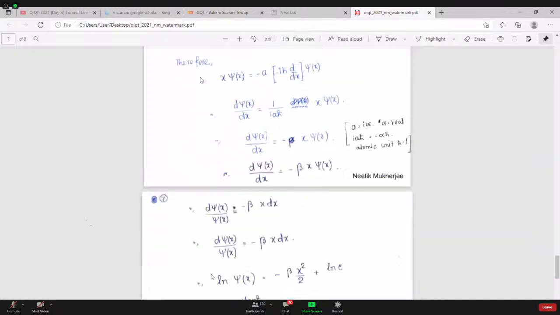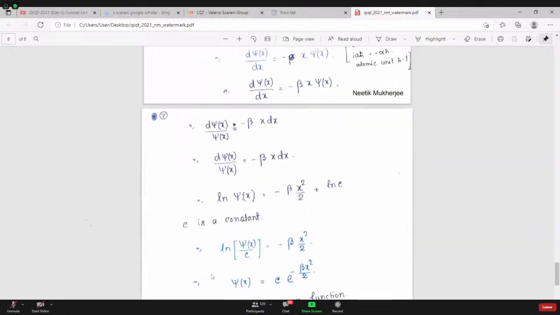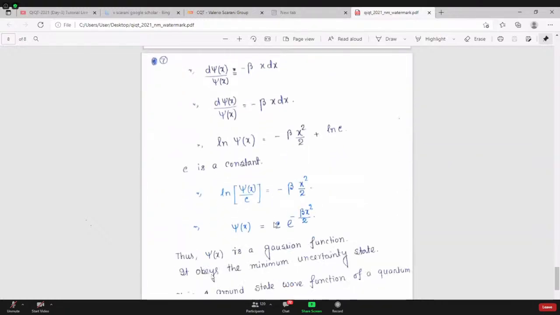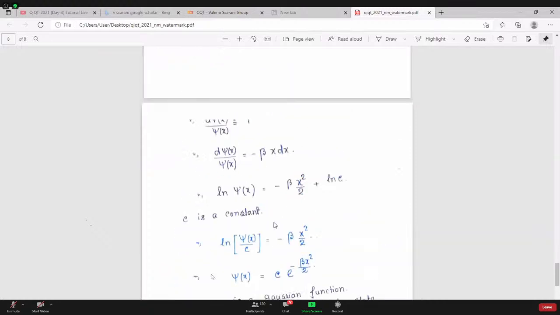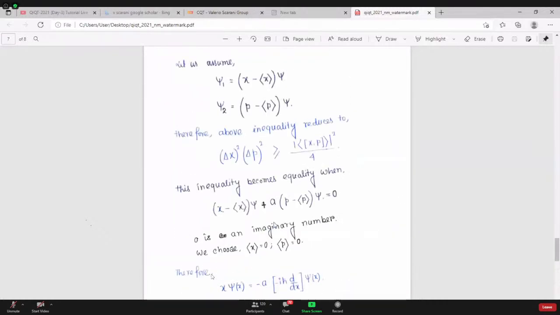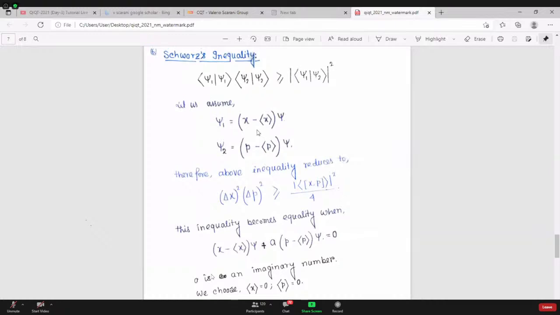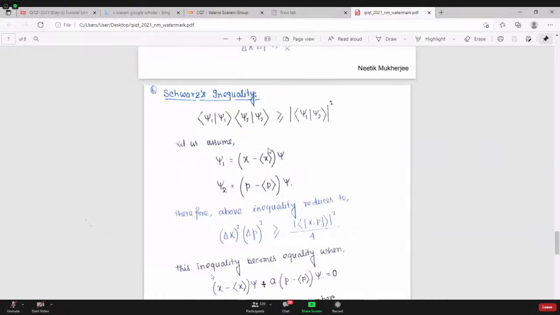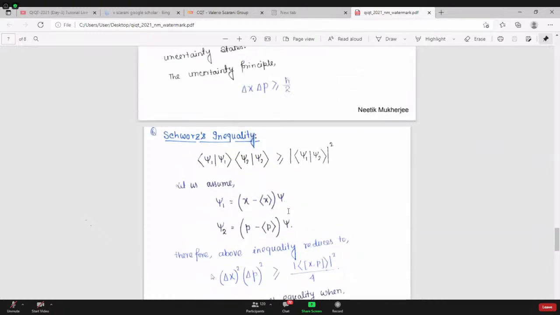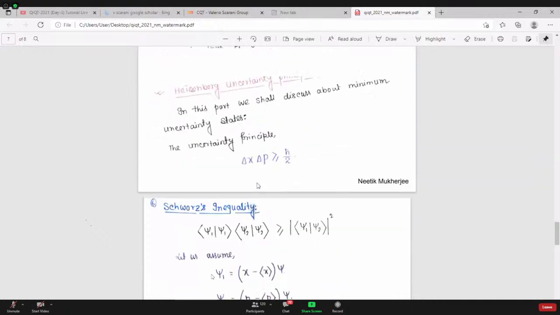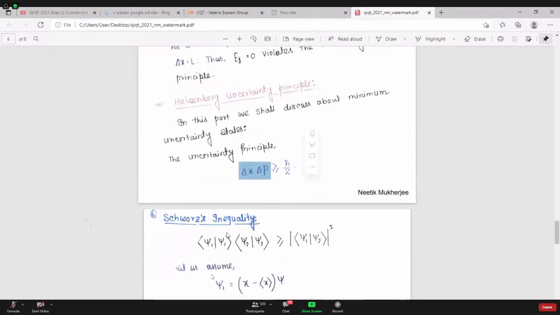Now, I have a question here. When you began that proof, you said, let us assume psi 1 is x minus average x times psi, and psi 2 is p minus average p times psi. Why should we assume that? Okay, this is a standard form, because your objective is to get from this expression towards the inequality.